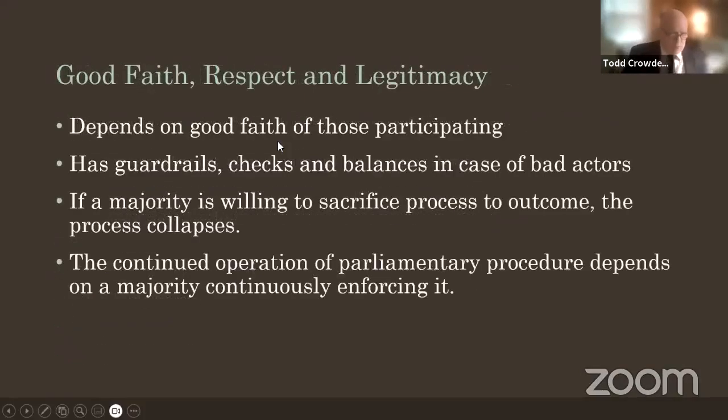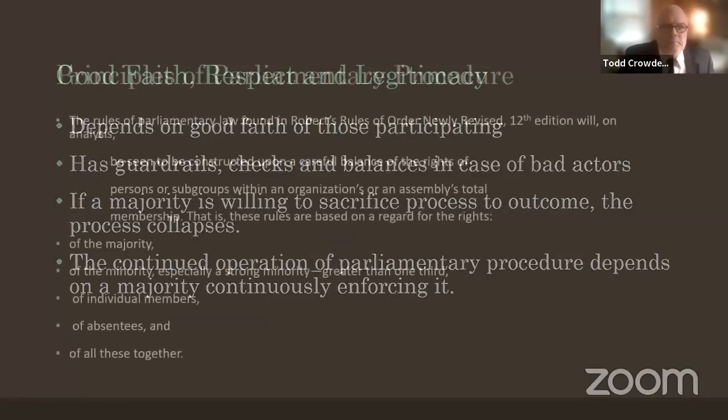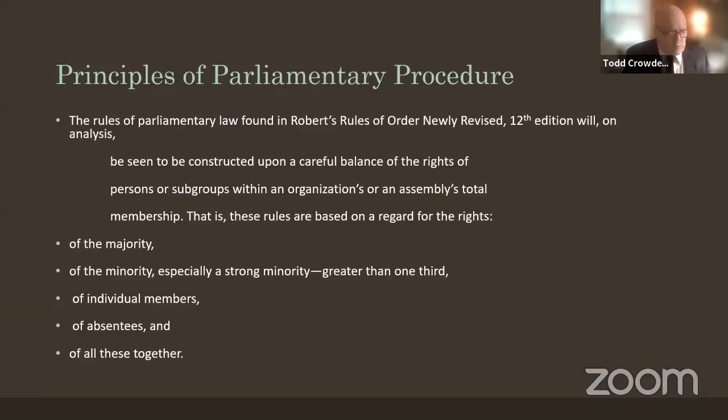Now, the principles, I was speaking about that before. The principles of parliamentary procedure are found in Robert's Rules of Order, Newly Revised, 12th edition, and they will, on analysis, be seen to be constructed upon a careful balance of the rights of persons or subgroups within an organization's or assembly's total membership.